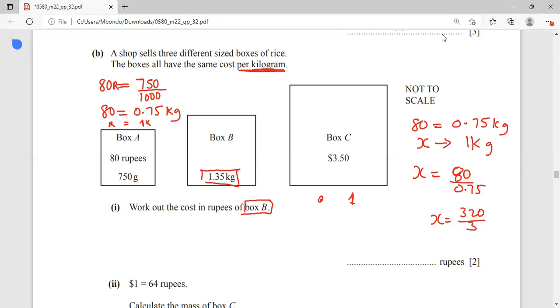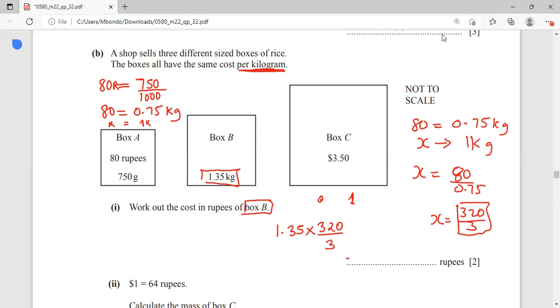So we are going to say now, since per kg this is the amount that it costs, 1.35 multiplied by 320 over 3.